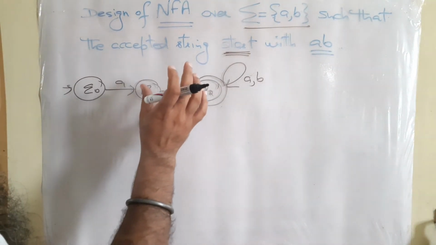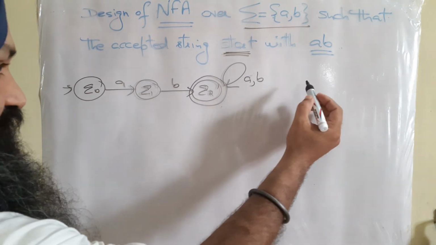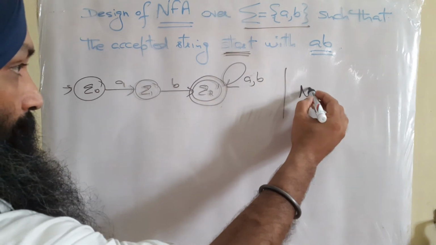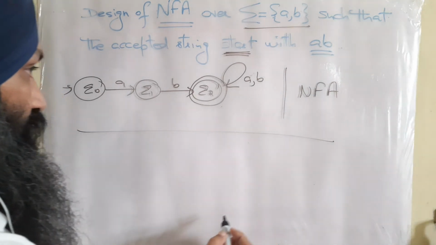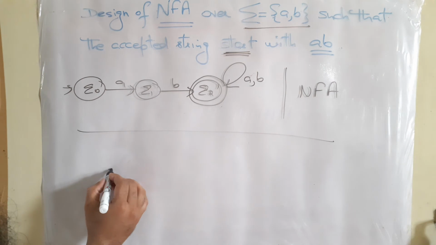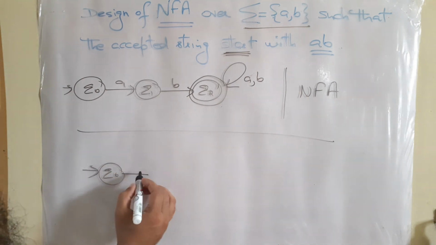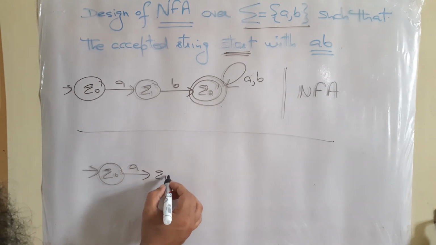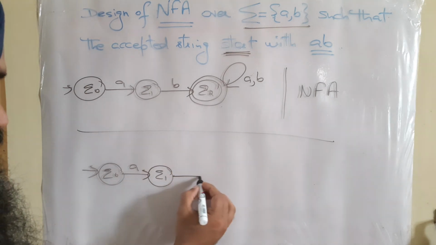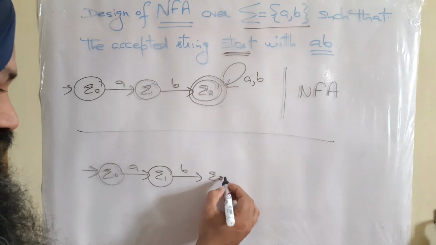This is the example for NFA. If we have to do the same question with DFA, then we have to complete the diagram, like in previous videos.